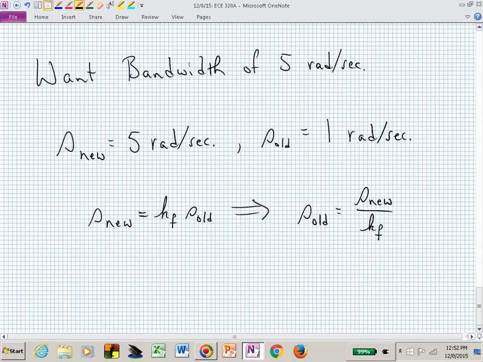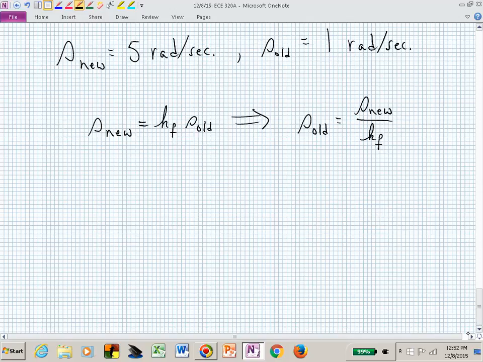That's the relationship between what we want, the new frequency, and the old frequency that we had. And you might see a problem like that on the practice final. Let's say you need to change the frequency by a certain amount or scale the frequency. Then that's giving you this k sub f, and you need to now relate that to particular parameter values, for example, that we've talked about last time.